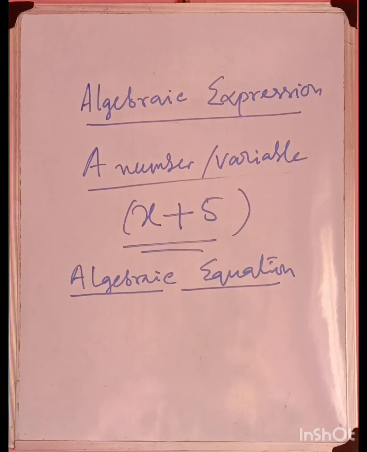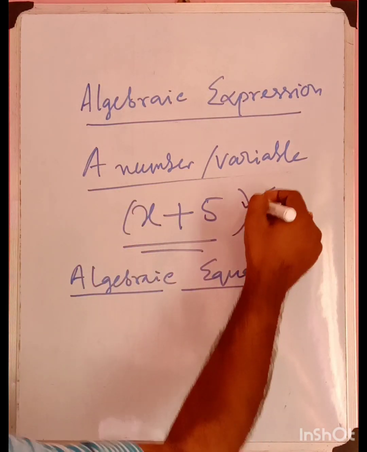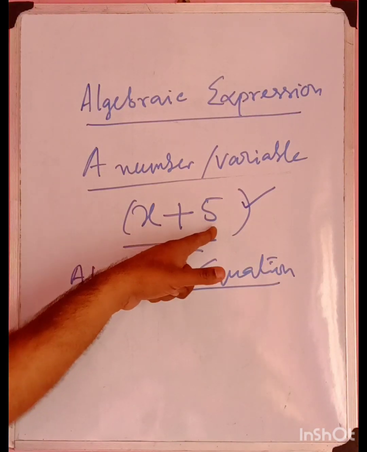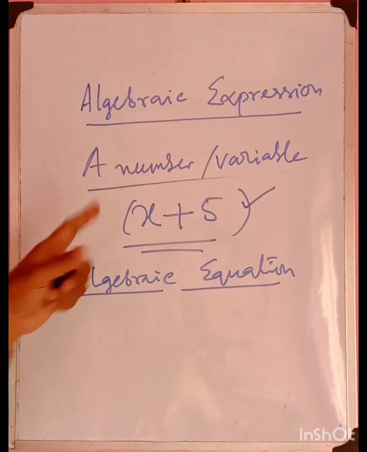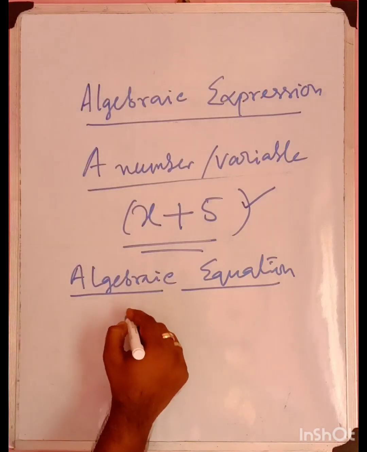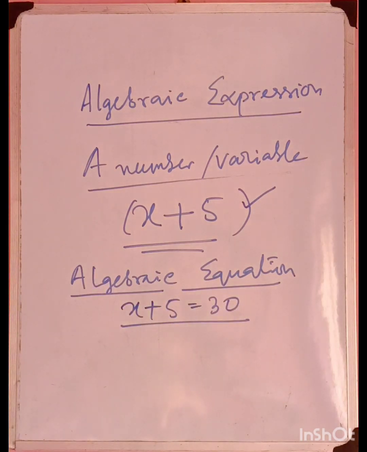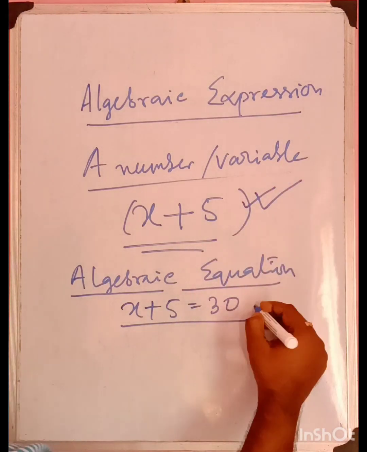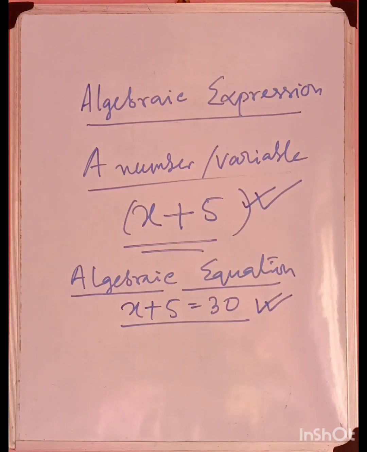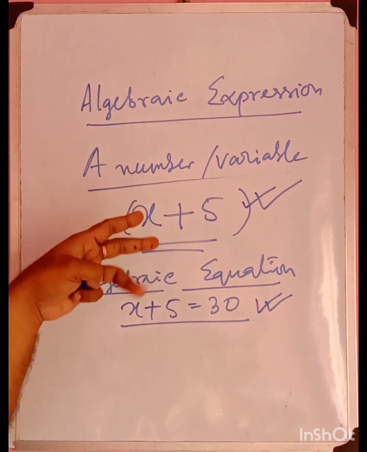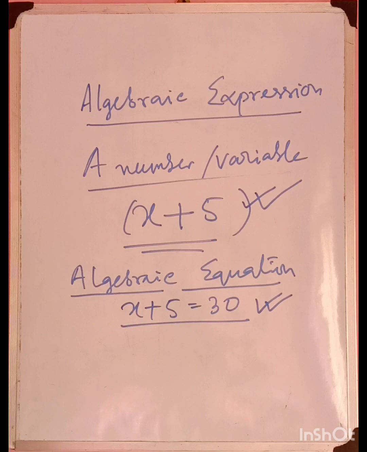Equation means if you say 5 more than a certain number is 30, so that x plus 5 is the expression 5 more than a number, and if it is 30, then x plus 5 equals to 30 becomes the equation, algebraic equation. Clear? This is the expression, this is the equation. So you have understood the difference between expression and equation.